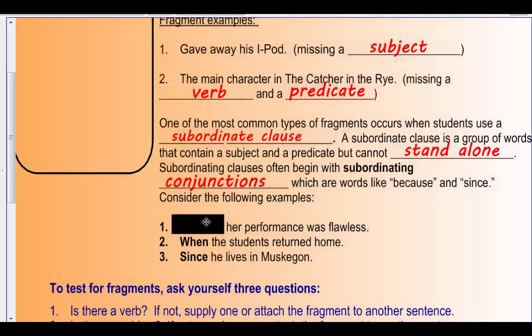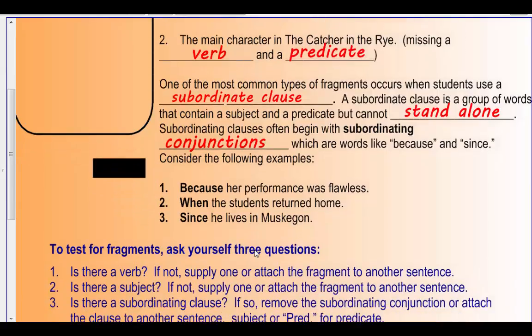It would make perfect sense. But as soon as I put the word "because" in front, there's that subordinating conjunction. That means it doesn't make a complete thought. If I ran up to you in the hallway and said, "when the students returned home," you'd say, what happened when they returned home? It's not a full sentence, right?